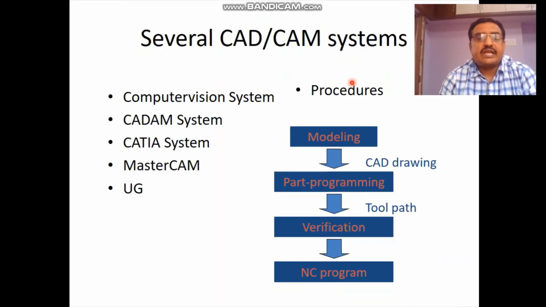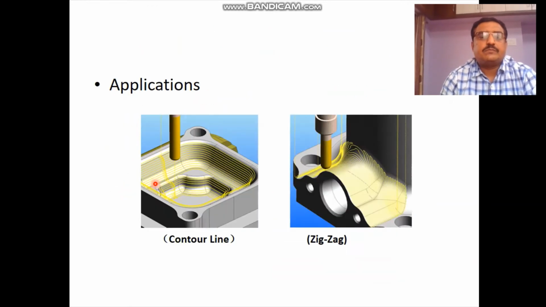So for CAD/CAM based programming, modeling is required with CAD software, part programming is generated with Mastercam software, tool verification and path verification are completed, and then the NC program will be generated. CATIA or AutoCAD, Mastercam, or UG graphics will be used for that purpose.